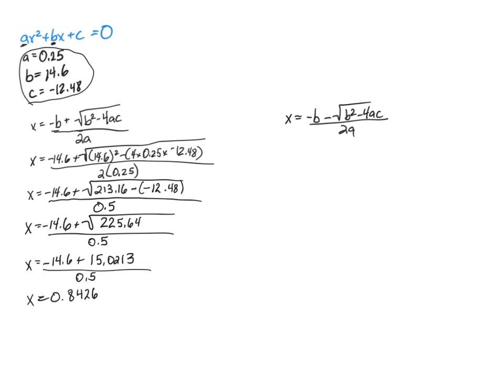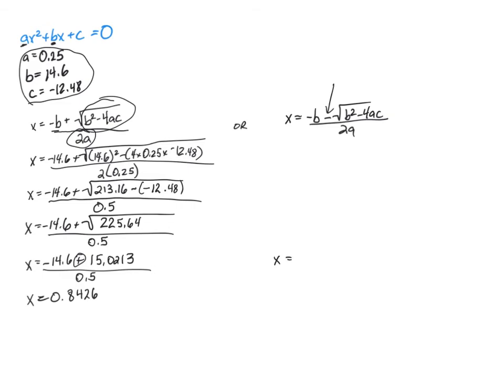For the next possibility for X, because I already did the math for this part and for this part, I'm just going to skip down to what's different. And what is different is the adding here. Over here, we're not going to add, but we are going to subtract.